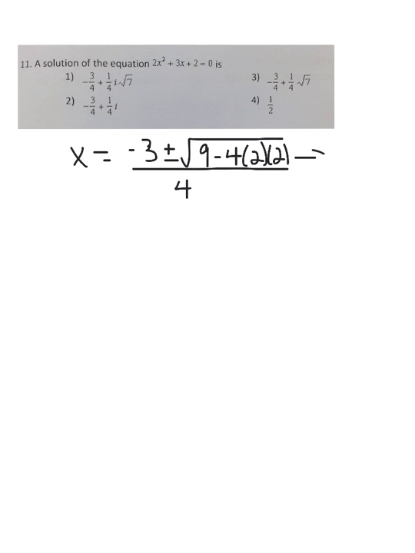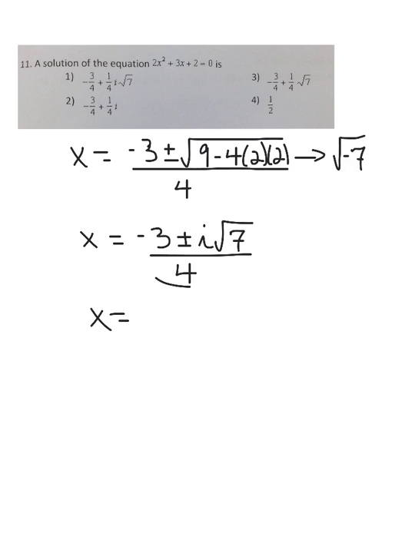All right, when we plug this into your calculator, you should get the square root of negative 7. Now, 7, there's no perfect squares in there, so we're just going to take the i out of that, and that's going to be i radical 7, and that quantity over 4.